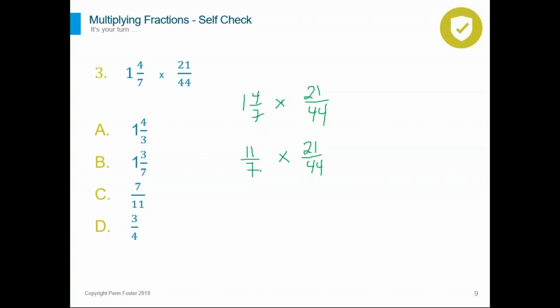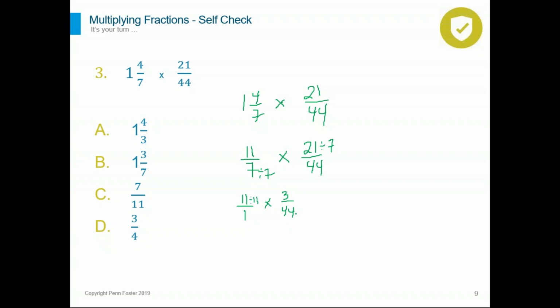Now check, do we have any common factors we can eliminate from our problem? Yes, I see 21 and 7. If I divide over 7 and divide over 7, that will change the problem to 11 over 1 times 3 over 44. But wait, we have 11 on the top and 44 on the bottom. Yes, exactly. 11 is a common factor.